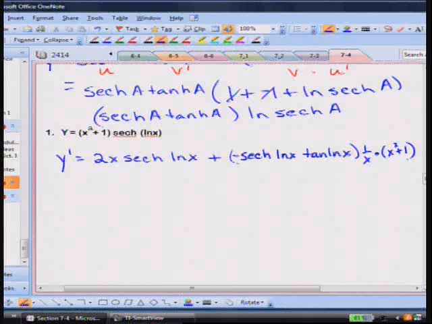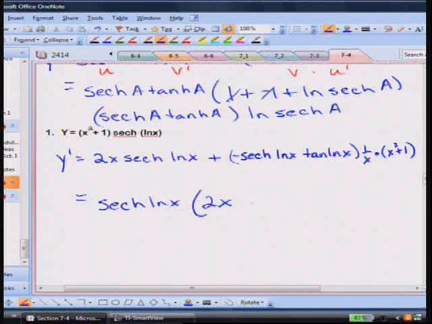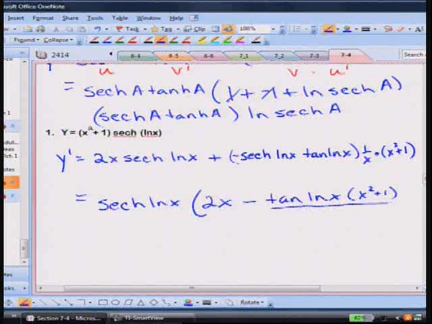Is that okay too? All right, now, what do I notice? I notice that the hyperbolic secant ln x is common to both terms. So I could write this as hyperbolic secant ln x, and then I'll have a 2x, and then I'll have a minus, and then I'll have tangent ln x times x squared plus 1 all over x.